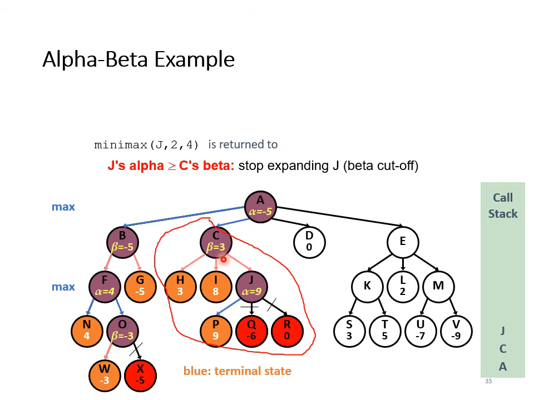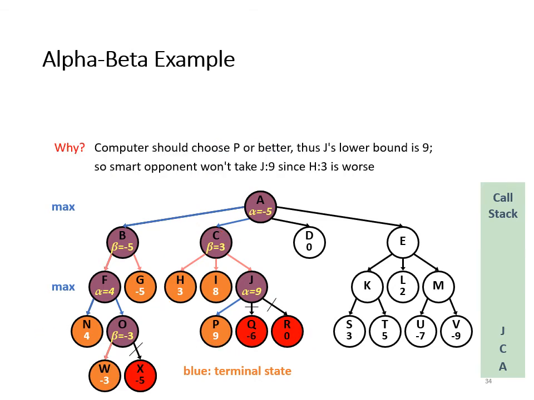So now alpha will take this beta, and this beta's value will transfer to alpha on the root node A. So the computer should choose P or better.